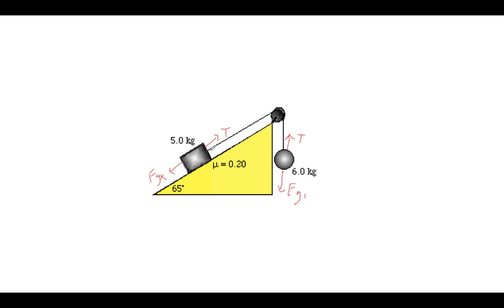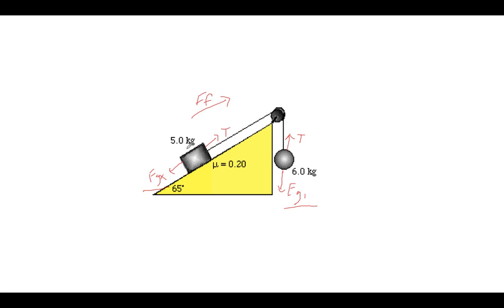So we already determined the direction of motion by comparing Fg1 with Fgx. So that's what you need to do. You need to compare those two values to see which is greater. If Fgx is greater, then friction would act in this direction up the inclined plane.